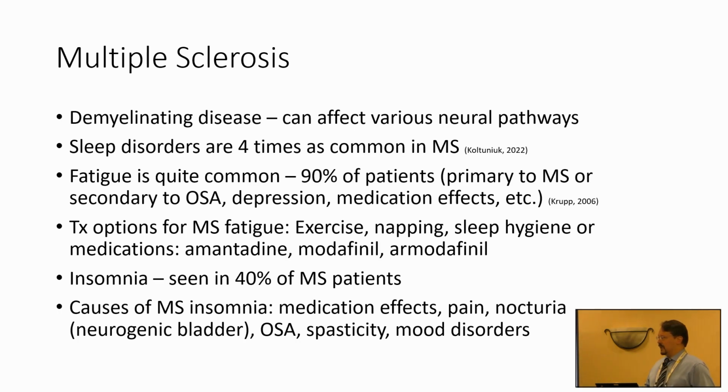Again, it can be the medications that they use, the immunomodulators, and the side effects from those. MS pain. With MS, commonly you can get a neurogenic bladder, where you get decreased emptying, and this can lead to increased urination needs at night, or nocturia. Sleep apnea obviously can be a significant confounding factor.